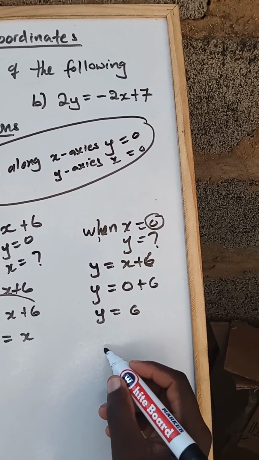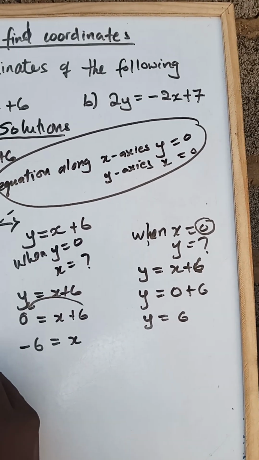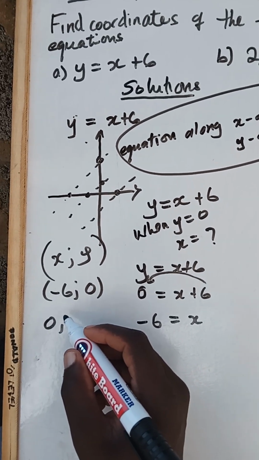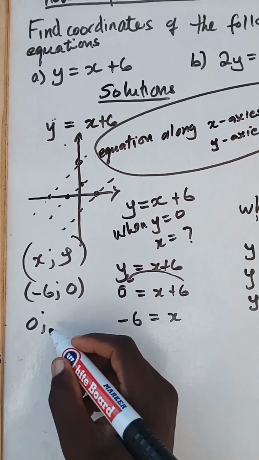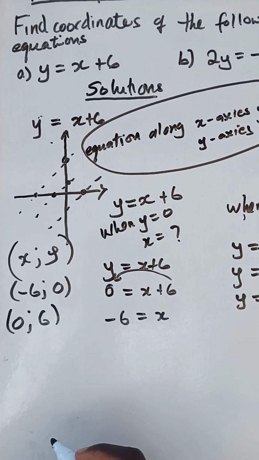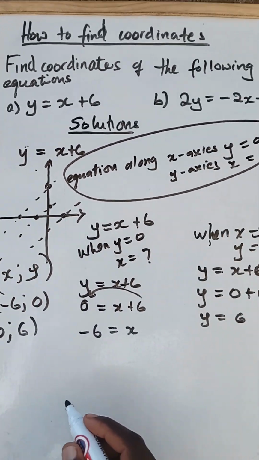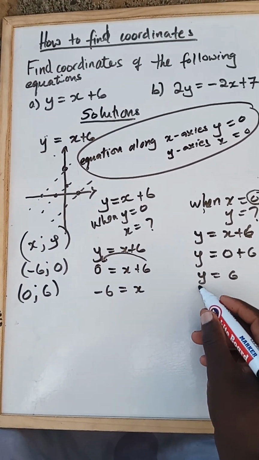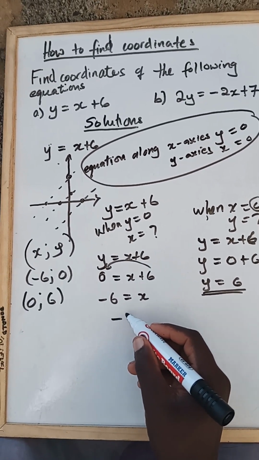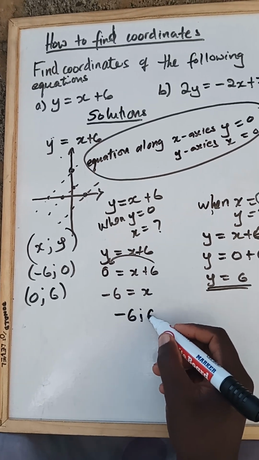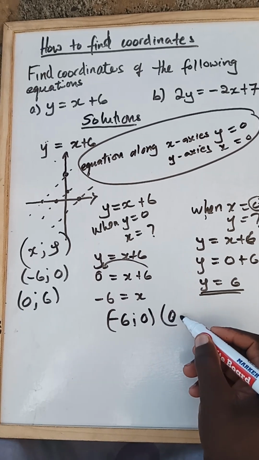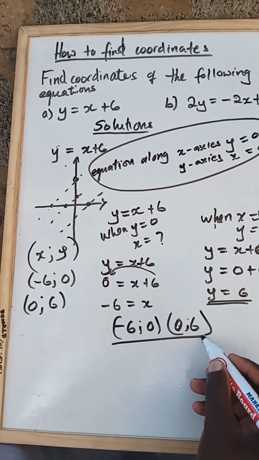So the coordinate will be like 0 for x and 6 for y. So what are the coordinates of this equation? The coordinates of this equation will be (-6, 0), then (0, 6).